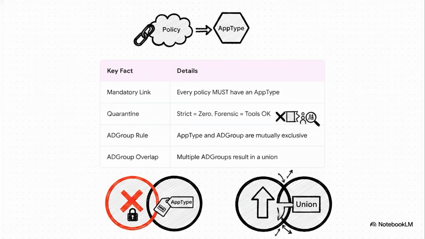Know the difference. Strict means zero traffic. Forensic means external forensic tools are allowed in. Number 3, the ADGroup rule. AppType and ADGroup categories are mutually exclusive on any single VM. And number 4, ADGroup overlap. If a user is in multiple AD groups simultaneously, it results in a union of the policy rules. Burn these 4 facts into your memory for sure.